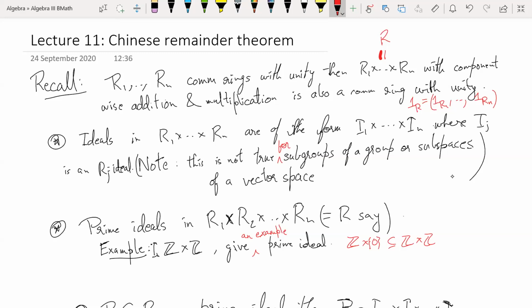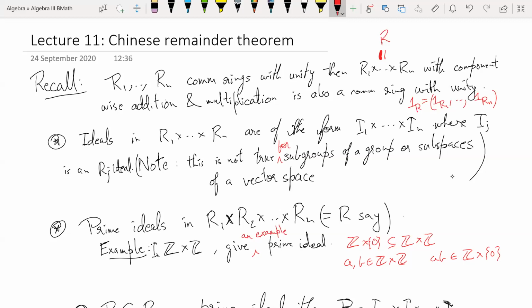One is to check that if A and B are two elements in Z cross Z such that their product A times B belongs to Z cross 0, with A equal to (A1, A2) and B equal to (B1, B2), then A2 times B2 has to be 0.